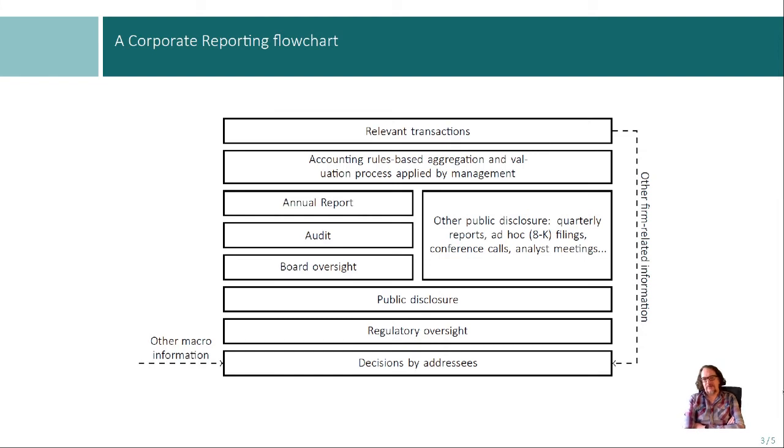In order to do this job, you need to understand not only your own regulatory regime that you are focusing on, but also the other information that is available to your decision makers. Because obviously the type of decision that they will be taking and the efficiency with which they can take these decisions will depend on their whole information set, not just on the regime that you are designing. Okay? So this is what I wanted to show you with this little picture.